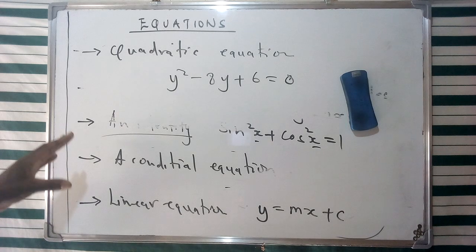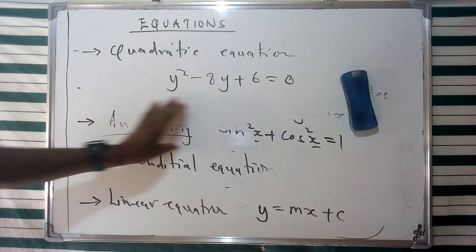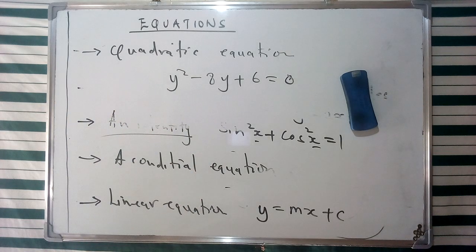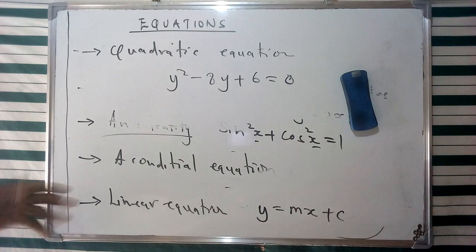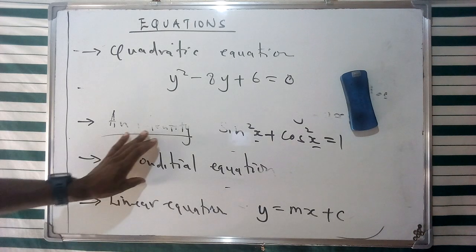So these are different aspects of the equations that we have mentioned. I started by defining the equation as a statement that the two quantities on the sides are equal, and I spoke about the algebraic expression which constitutes one or more unknowns. I talked about the identity, an equation which is true for all values of the unknowns, and I gave an example of a specific identity. A linear equation constitutes unknowns to the first power or first degree.